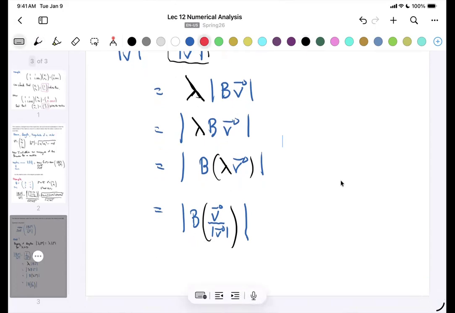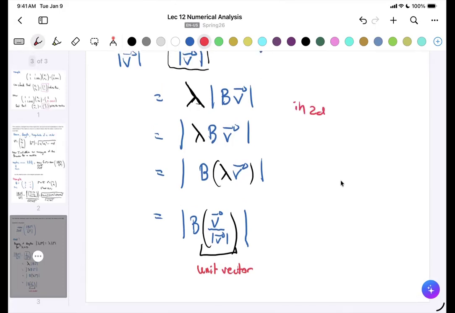So this is always a unit vector. What can you say about a vector that has length 1? For example, in 2D, what is a unit vector? A unit vector is literally a vector whose head or tip is on the unit circle. A unit vector lives on the unit circle.